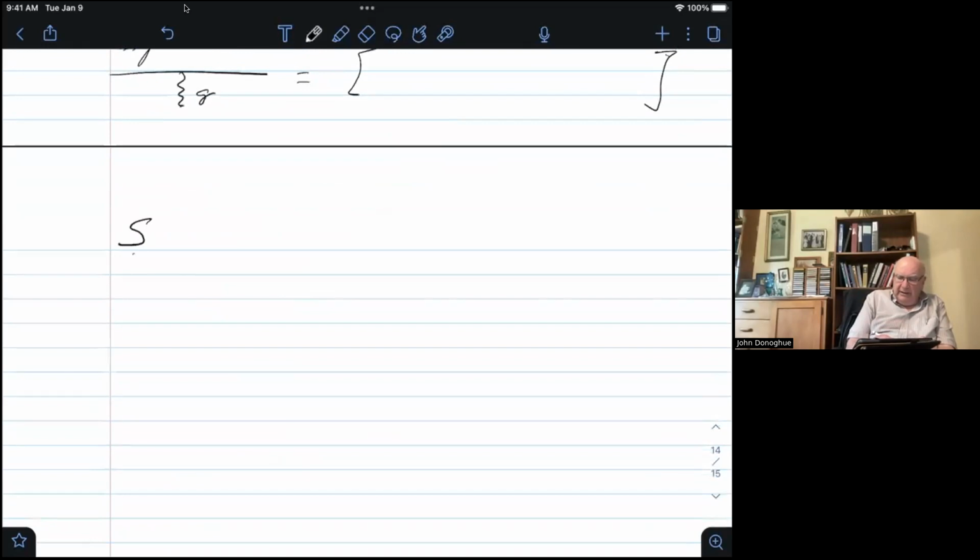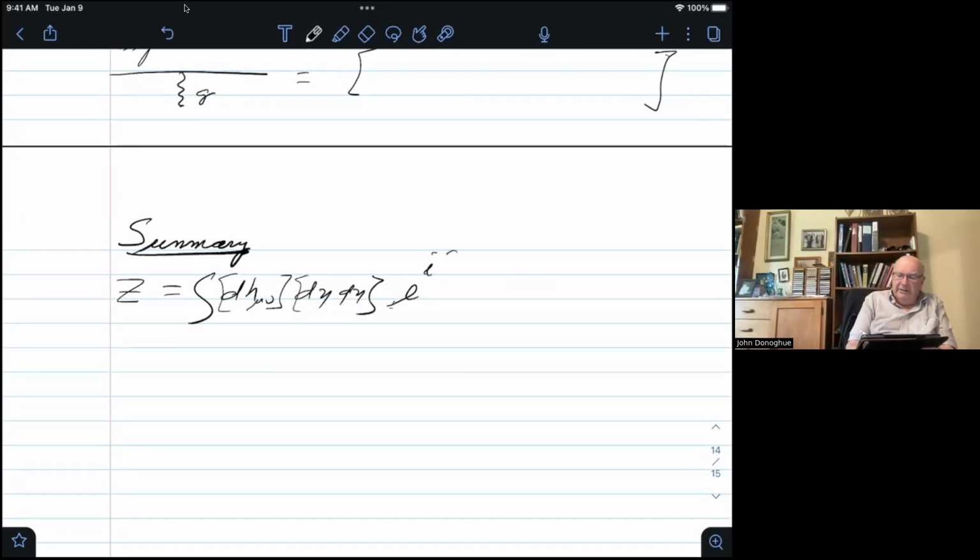But then I wanted at this stage to end up with a summary of where this logic has taken us. The logic has taken us that I've defined the theory by the path integral over the graviton fields and the ghost fields. And I have in the exponential e to the i integral d^4x square root of minus g bar, the background field.